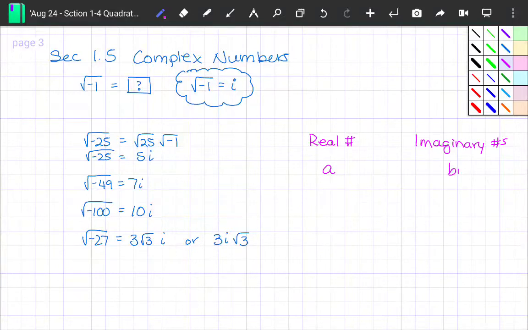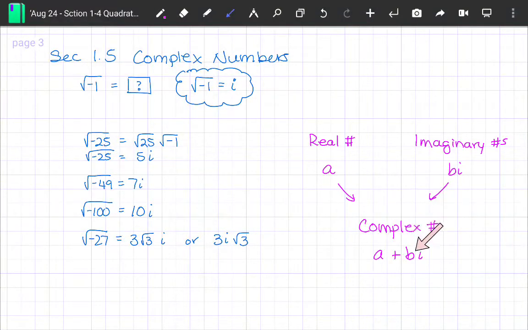Imaginary numbers do have an i. When we combine them together, we get what's called complex numbers: a plus bi. So there is a real part and an imaginary part to complex numbers.